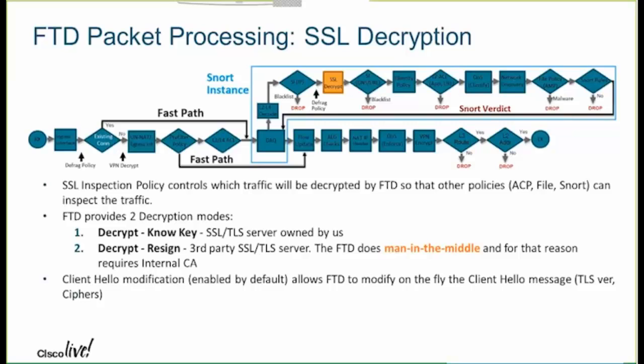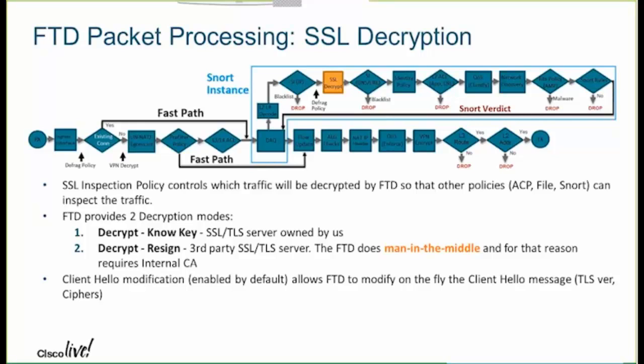We perform the decryption on the FTD, re-encrypt the traffic again and then send it over to the server. And when the traffic is sent back, we perform decryption using the key again, re-encrypt it, and then send it back to the client. So that is how it basically works in case of decrypt known key.